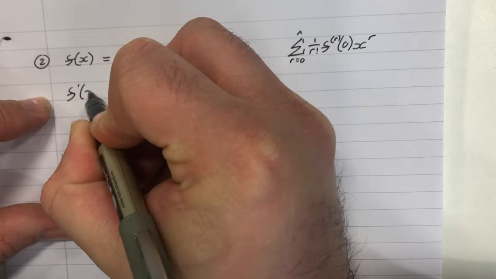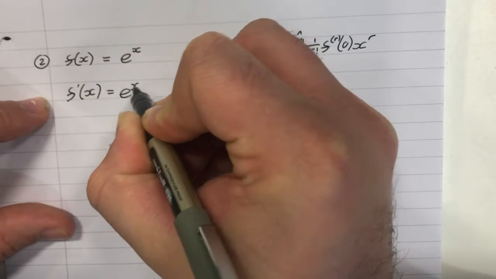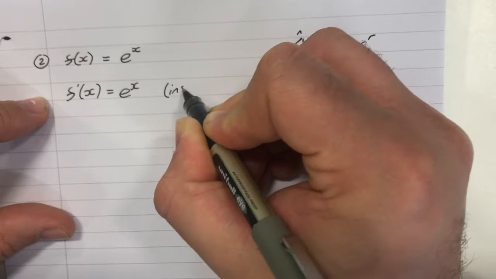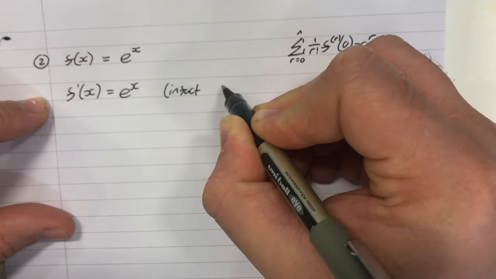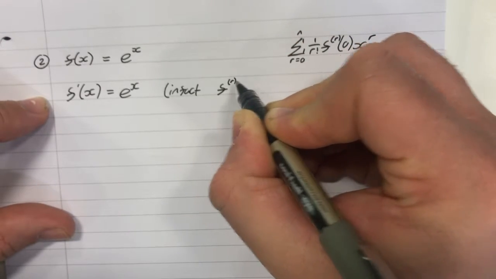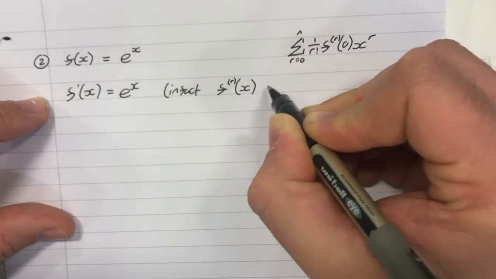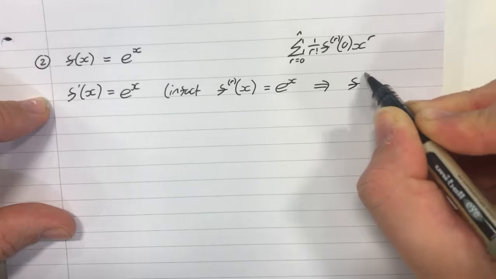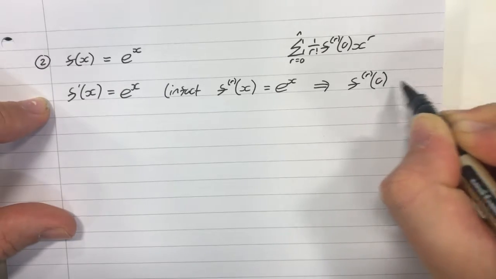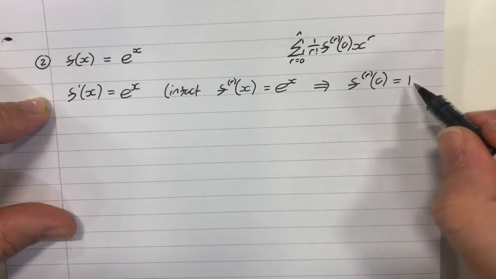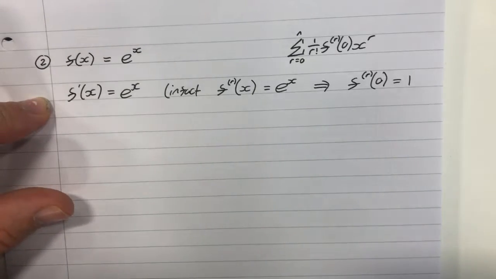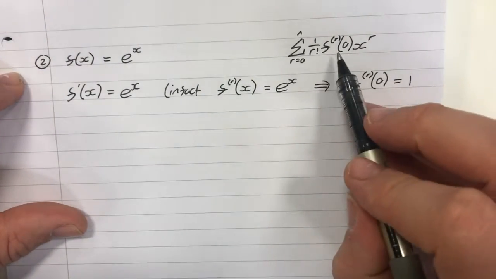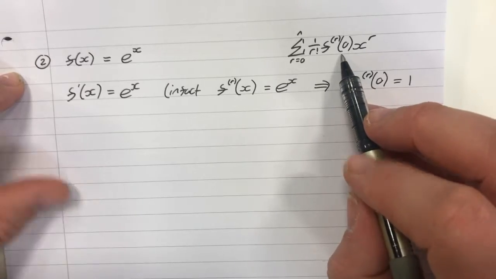So f primed of x is e to the x, and in fact, the rth derivative of x is e to the x, which means that all derivatives at 0 are 1. So it's just 1, 1, 1, 1, 1 in that position there.